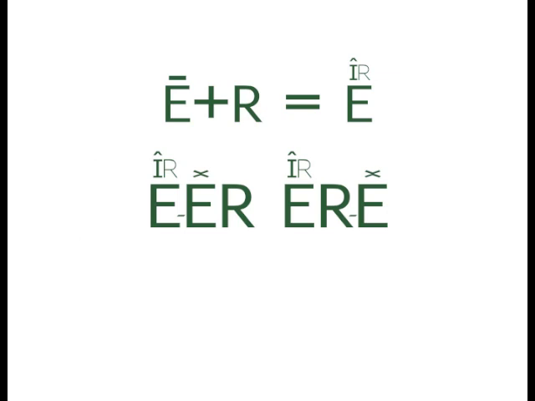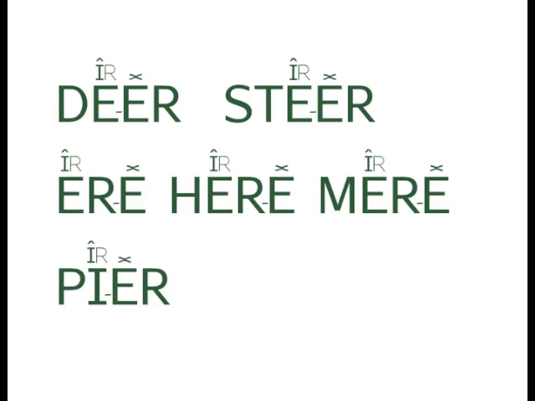Long E plus R makes a sound ear. We show it with an IR because ER normally says ER. It's often spelled EER or ERE, ear. These are some ways you can spell this sound of ear.